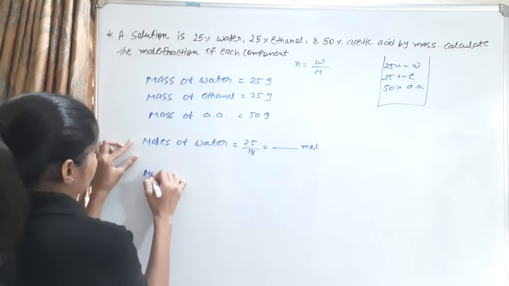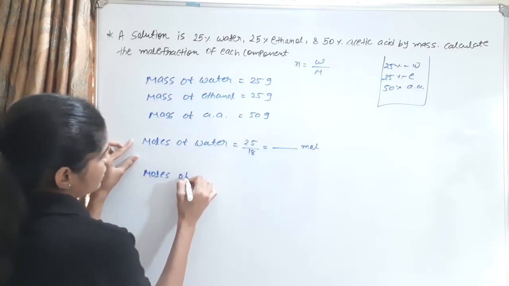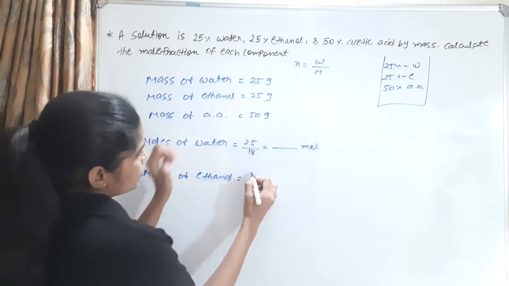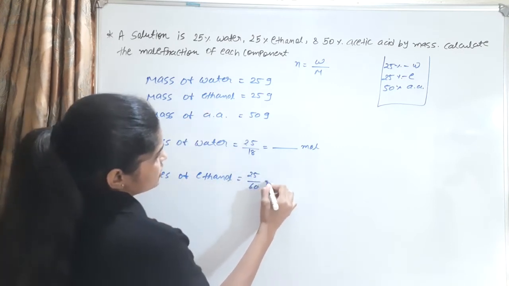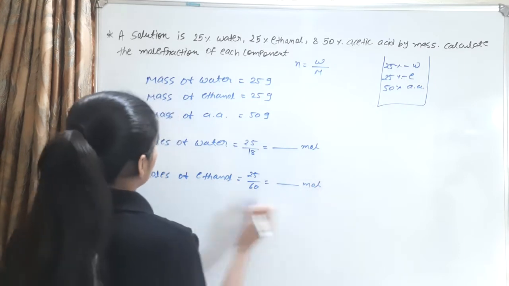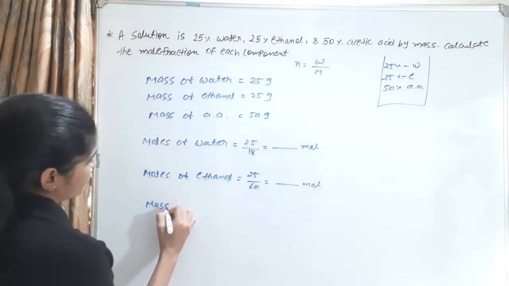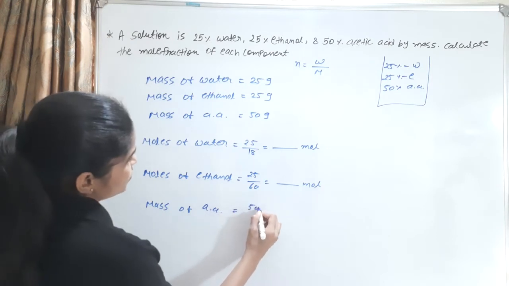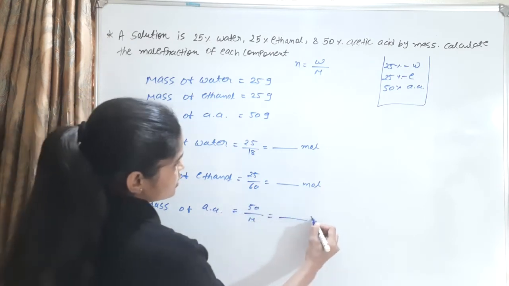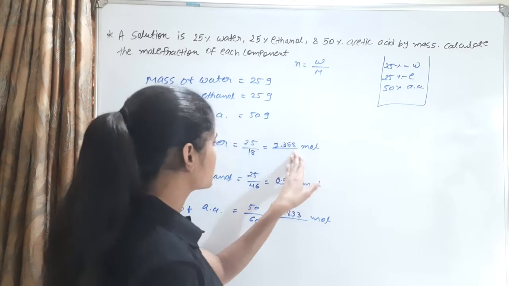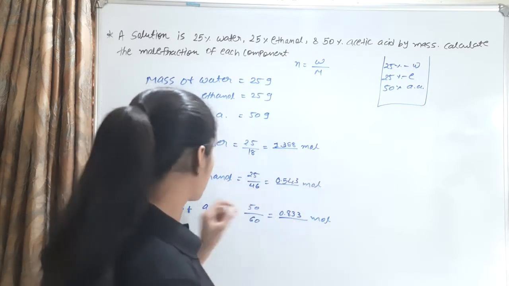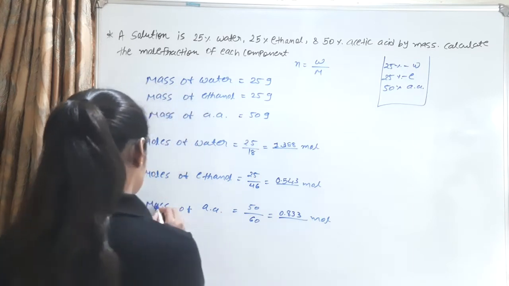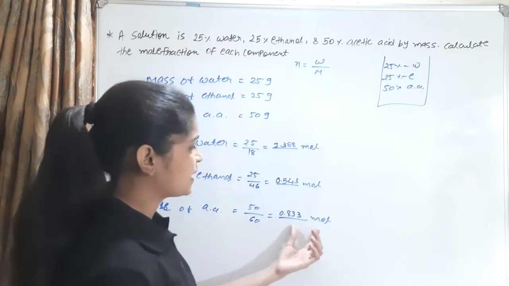Then moles of ethanol, that is 25 divided by 46. And moles of acetic acid is equal to 50 by its molar mass. 1.388 moles of water, 0.543 moles of ethanol, and moles of acetic acid is equal to 0.833.